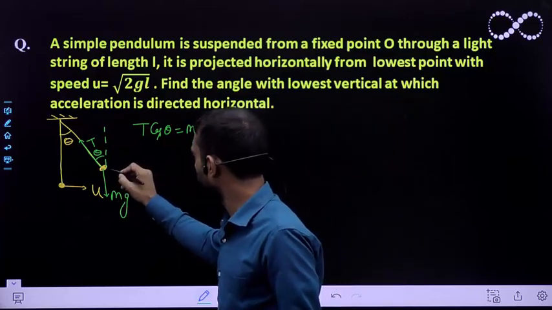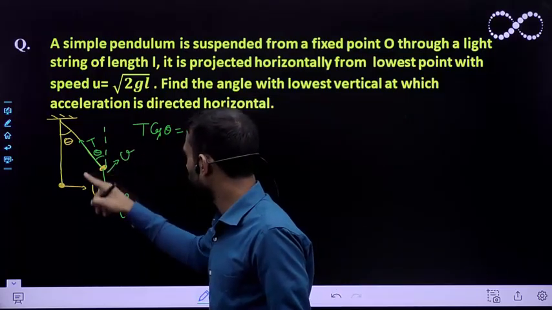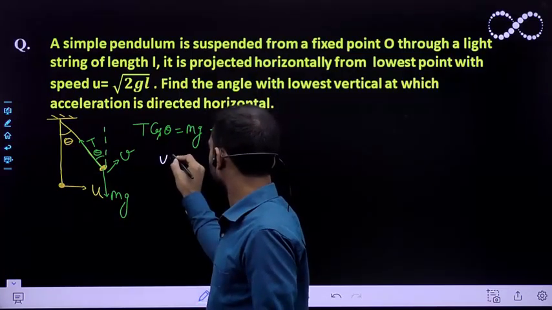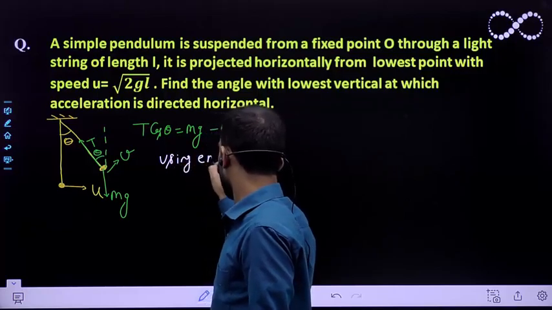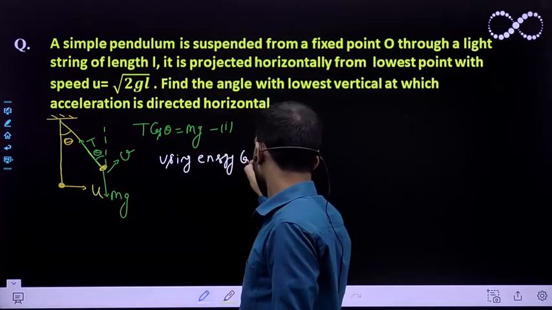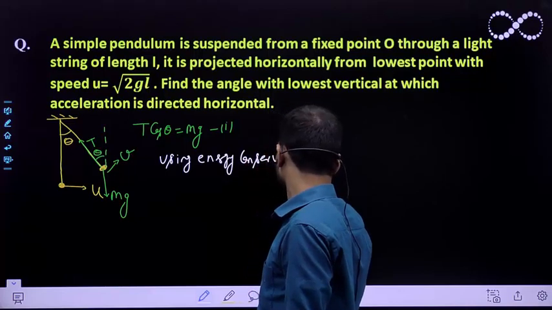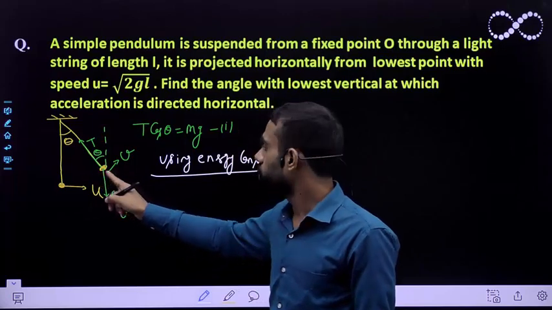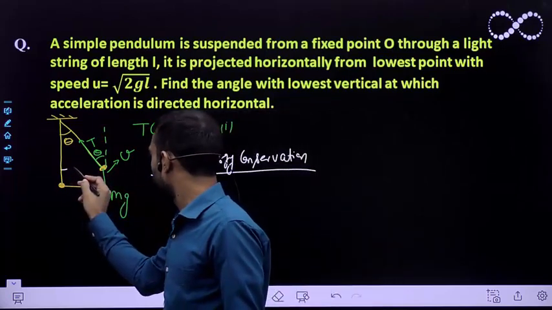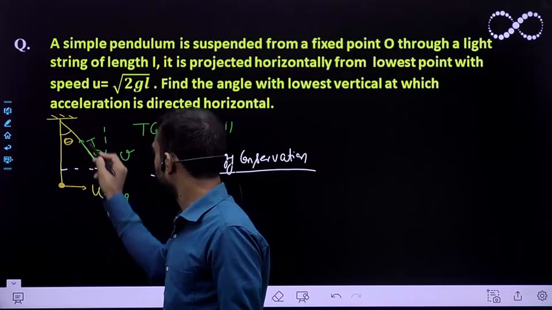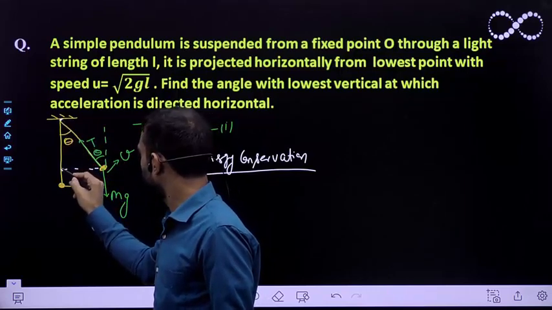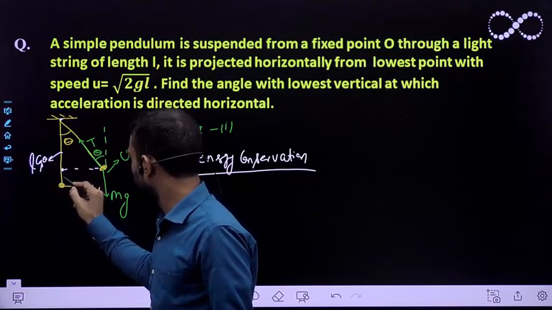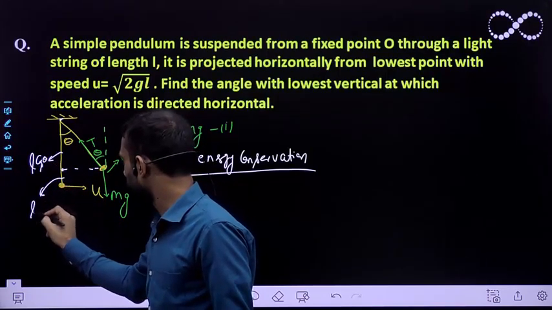One equation I got. Here you will get some speed also, so let us make another equation using energy conservation. Using energy conservation, the gain in potential energy must be equal to the loss in kinetic energy. This length is L, so from here to here the length will become L cos theta, so the height will become L minus L cos theta.